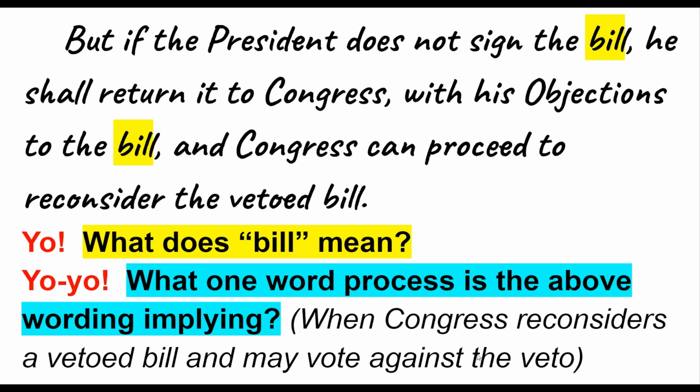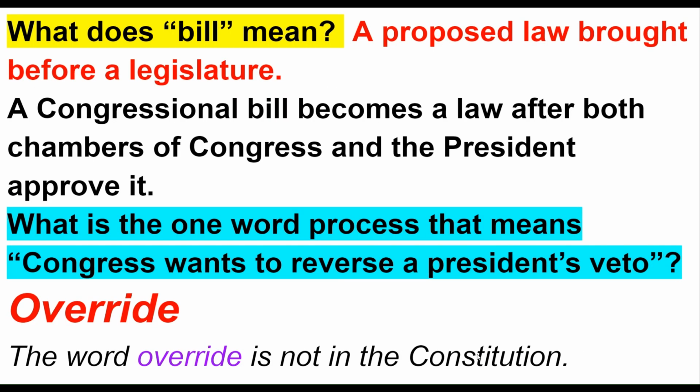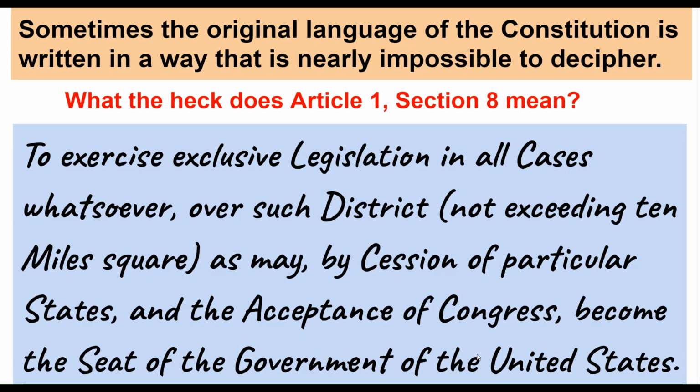What is the word that is not in the official words? What is the word that means Congress can overrule a president on a veto? So if we go down to way at the bottom in big red, override. Congress wants to reverse a president's veto, override. That's what it's called today. But back then, they did not put it into the language of the Constitution.